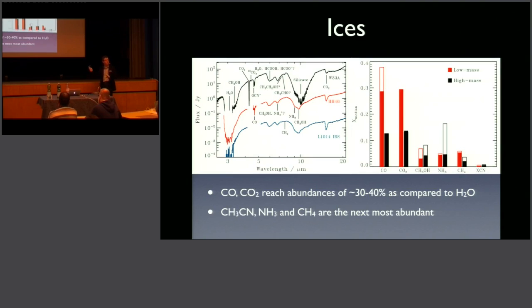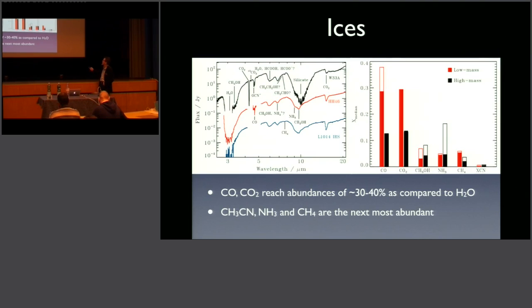The reference abundance is the abundance of water, so this is all referenced to the optical depth of the water line. And you see that typical interstellar grains in dense molecular clouds are coated by an ice layer that contains water, and roughly speaking 30–40% compared to water of carbon monoxide and carbon dioxide.